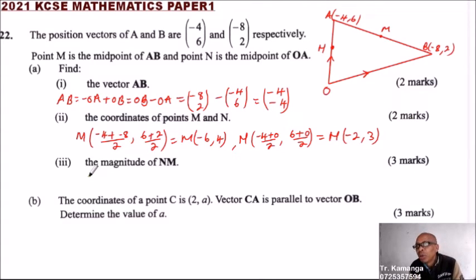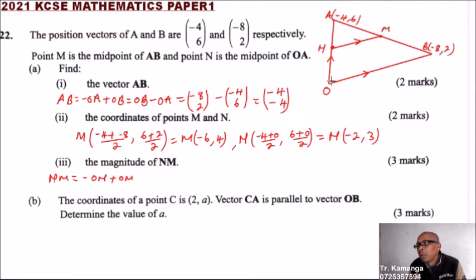The magnitude of the vector NM. How do you get the magnitude? We need first of all to get the vector NM. NM is equal to minus ON plus OM.